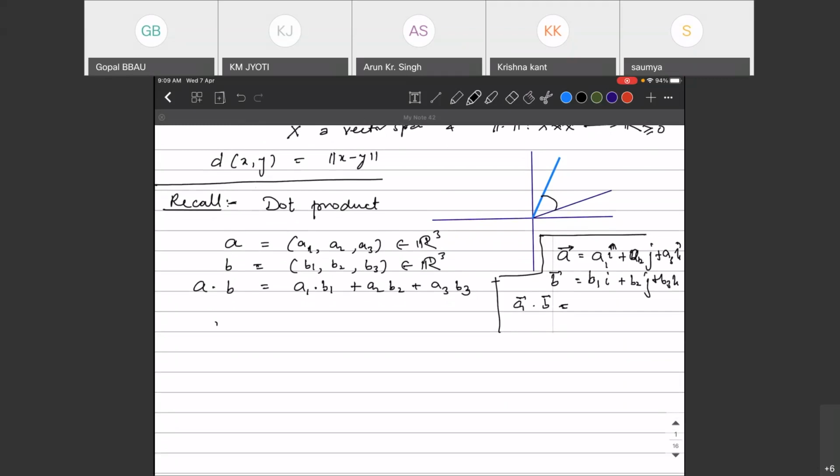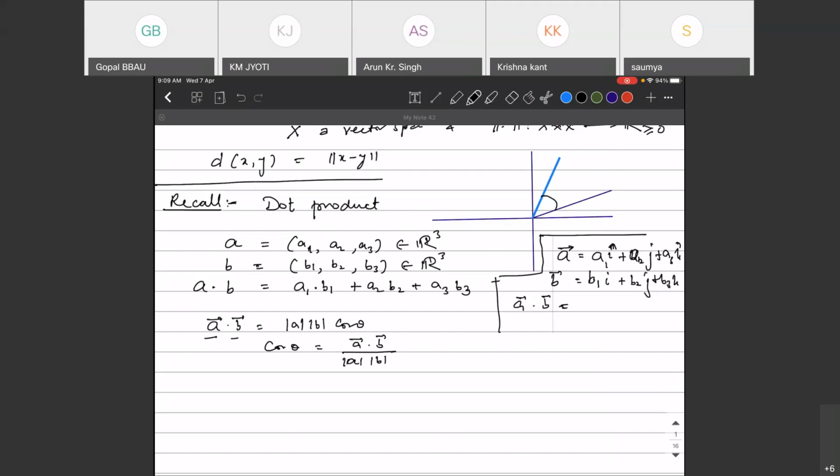So you define A dot B like this: mod A, mod B, cos theta. Do you remember this? Yes, sir. Where this theta is the angle between the vectors A and B. So from this, we have cos theta as A dot B by mod A, mod B.